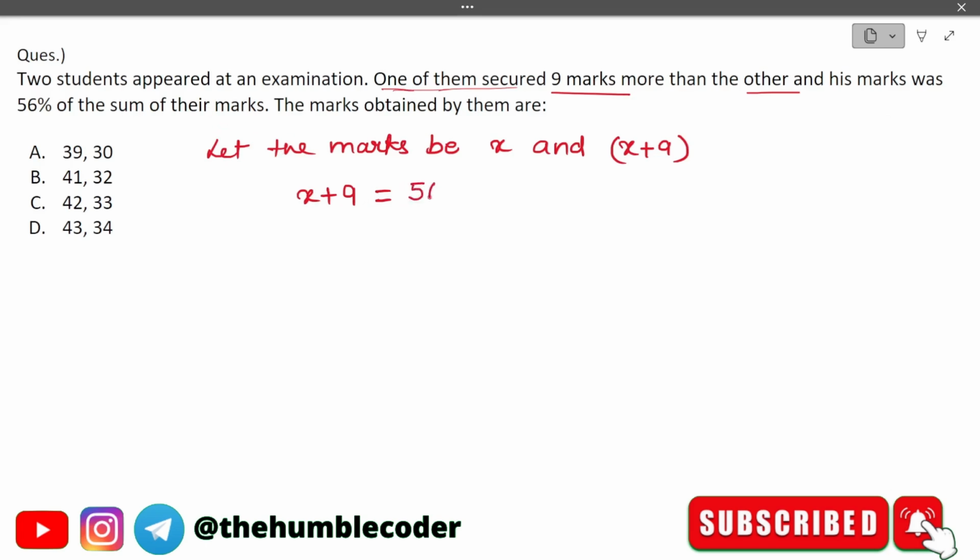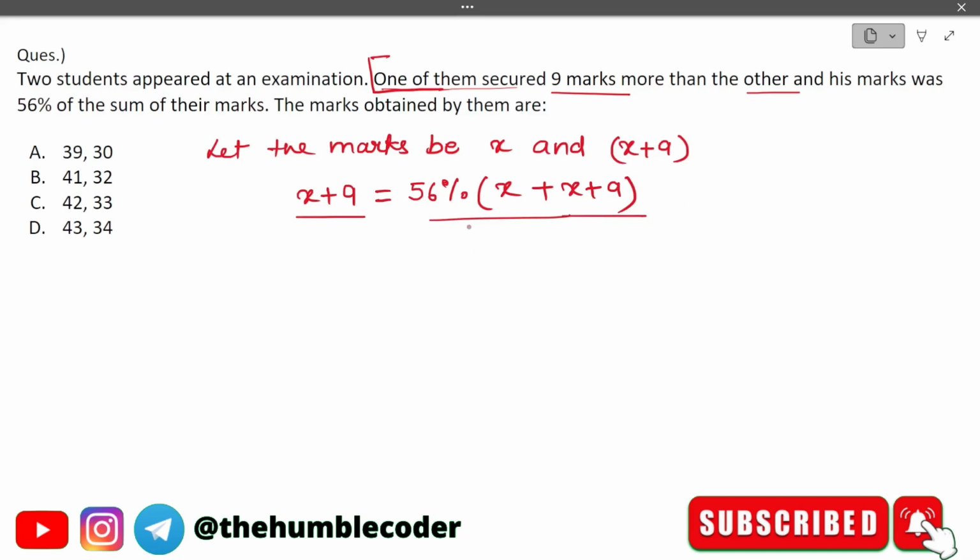The sum of their marks is x plus x plus 9. Based on this we have formed this equation.